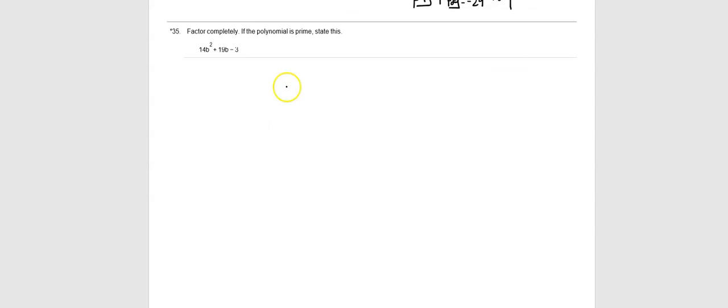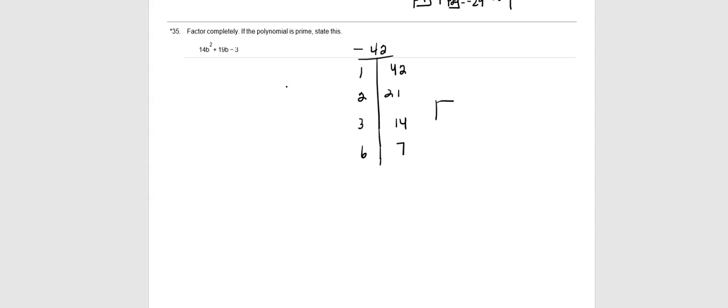And then for the next one, we have 14 times the -3 for our A times C, which is a -42. You can list all of those factorizations, like so.